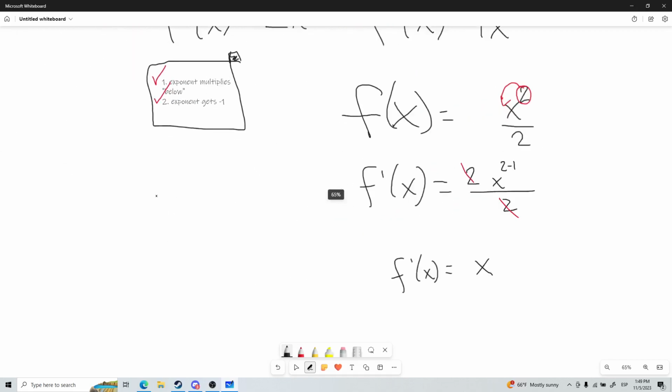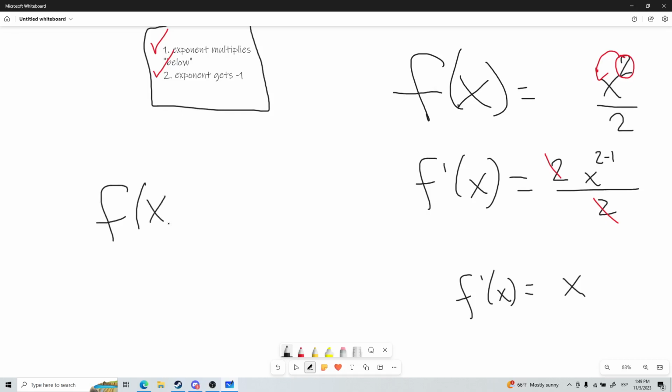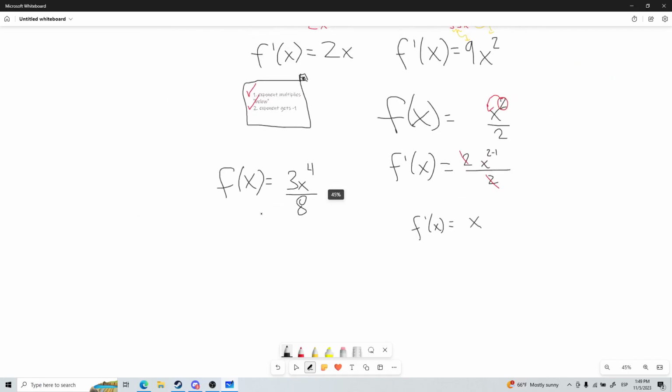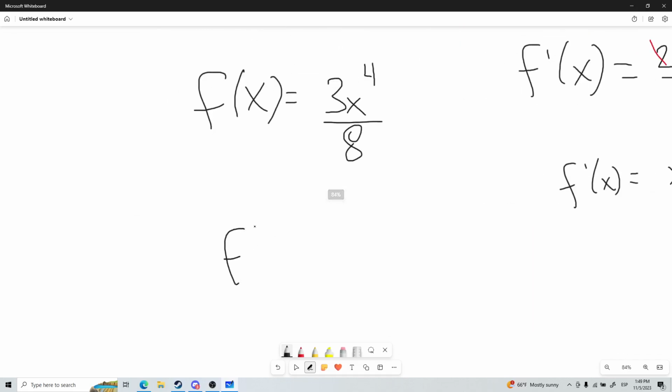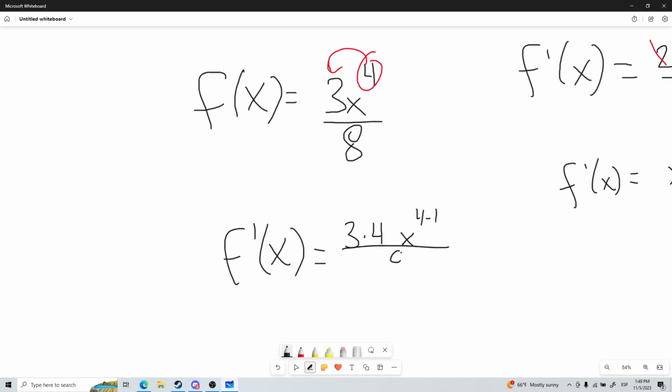Maybe a more friendly example, something you're probably going to encounter. Let's say you have 3x to the power of 4 divided by, I don't know, 8. If you do the derivative of this, you end up with this 4 multiplying in front. So you end up with 3 times 4, with x to the power of 4 minus 1, divided by 8.